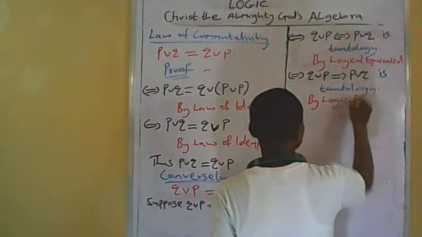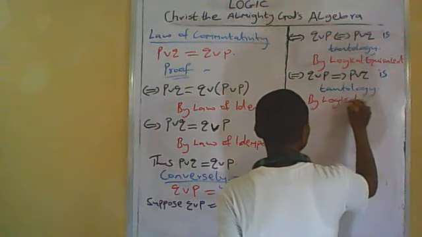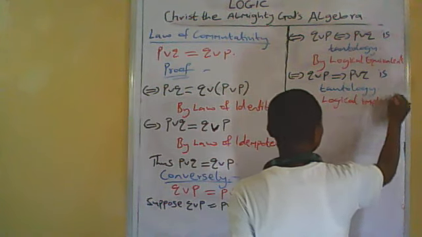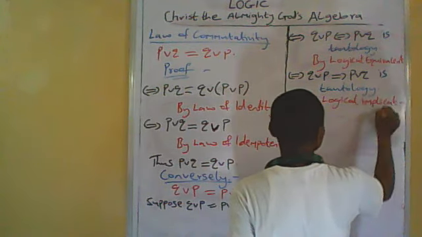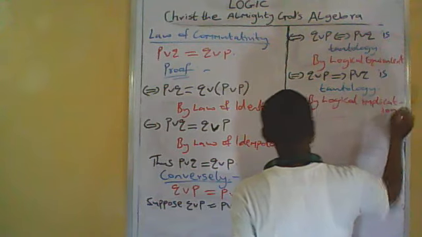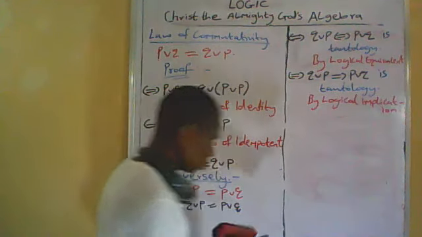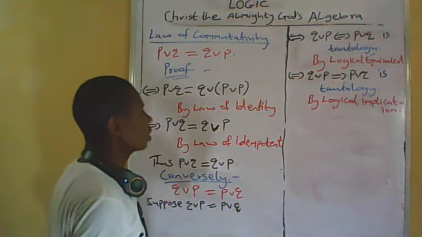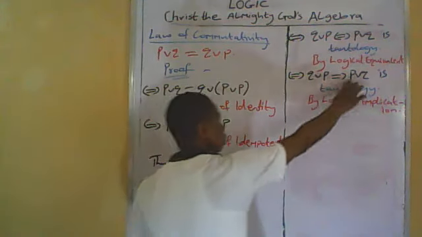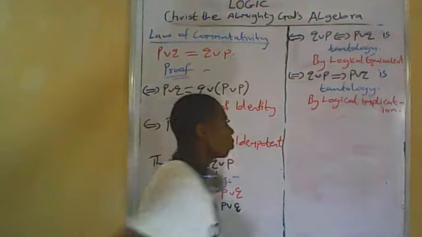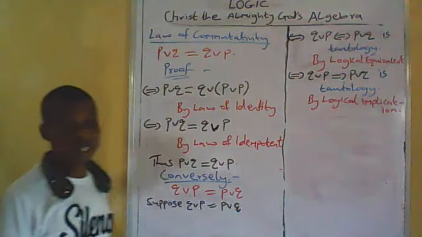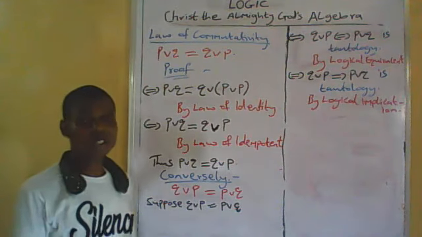Being justified by logical implication. Since the statement is true, there is no way we can obtain falsity in the evaluation of the statement.